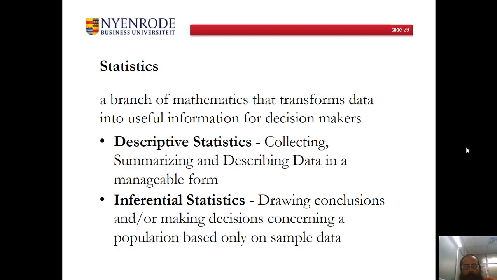You are just summarizing, like the average of the entire thing. Second, inferential statistics, where you need to do some prediction based on the data. It could be correlation, it could be regression, etc. All these things are dealt with in inferential statistics.